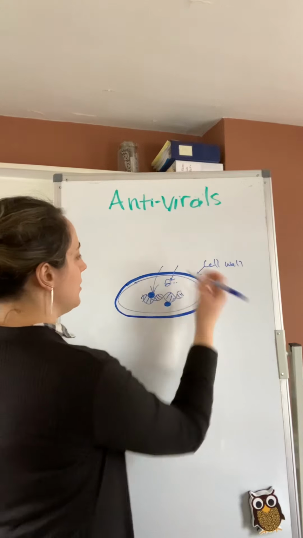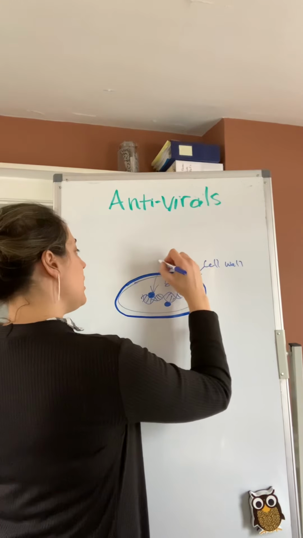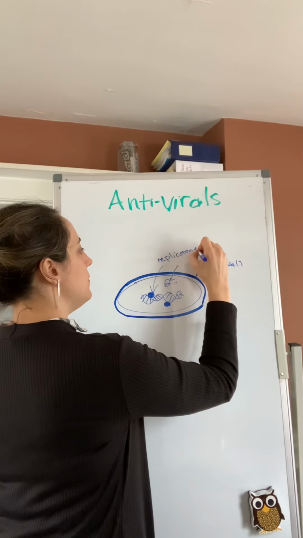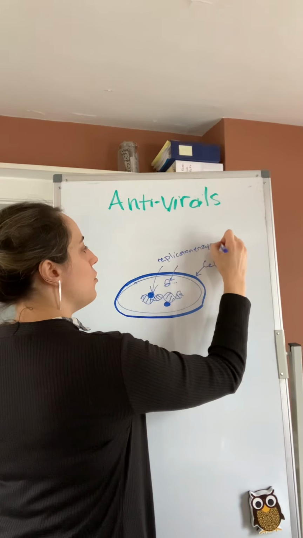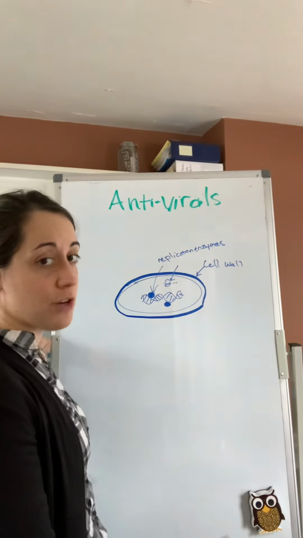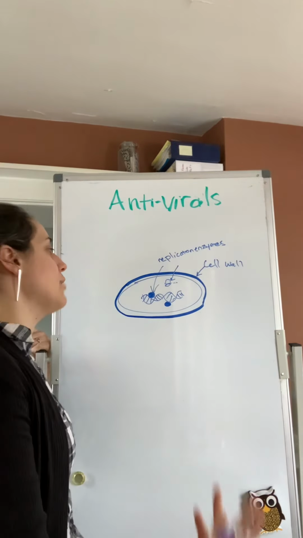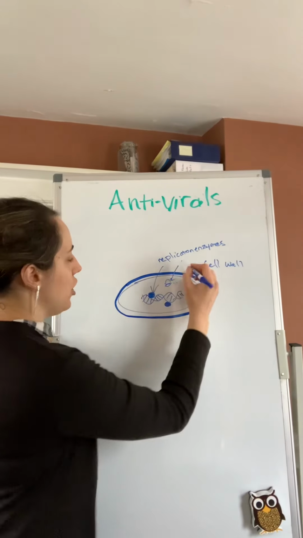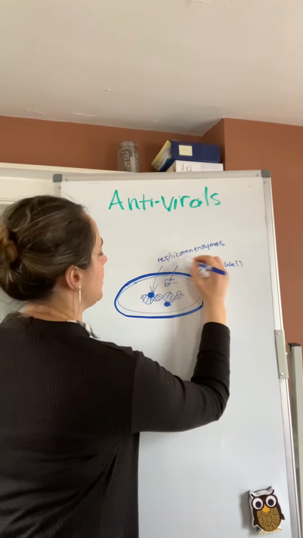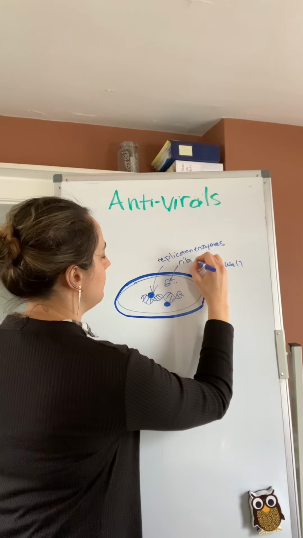They target things like the replication enzymes for both DNA replication and for transcription, which is also a replicated process. And they target the protein construction enzymes, specifically the ribosome.